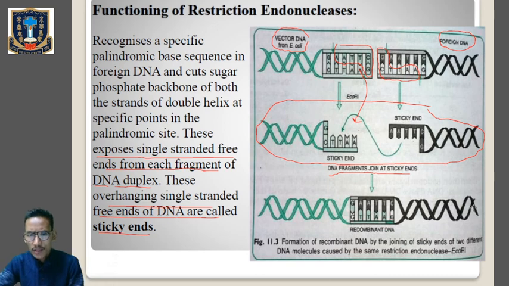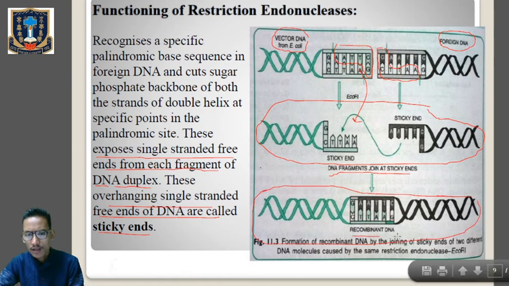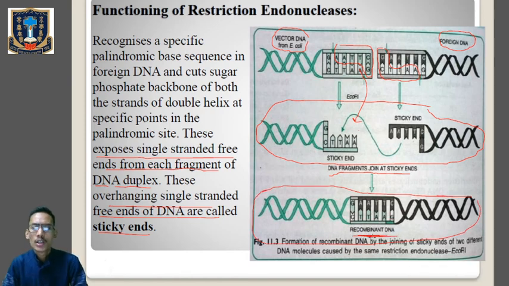So this particular DNA which is being produced is known as the recombinant DNA or rDNA. Is it clear for you? So first of all, remember one thing: the palindromic sequences which are recognized by the restriction endonuclease enzymes, how the cut is made, and the sticky ends which are produced are mainly joined with one another with the help of the enzyme DNA ligase.